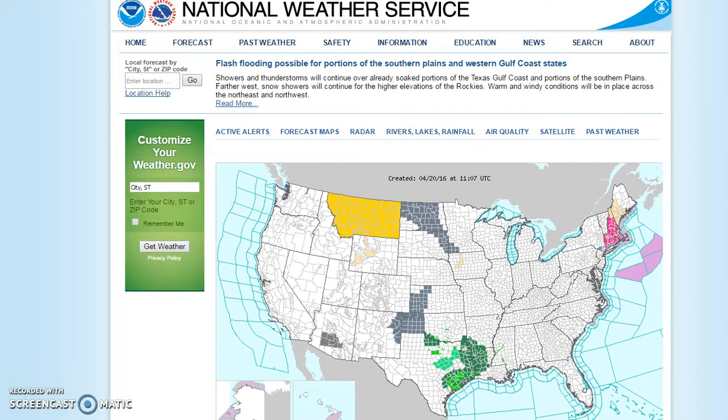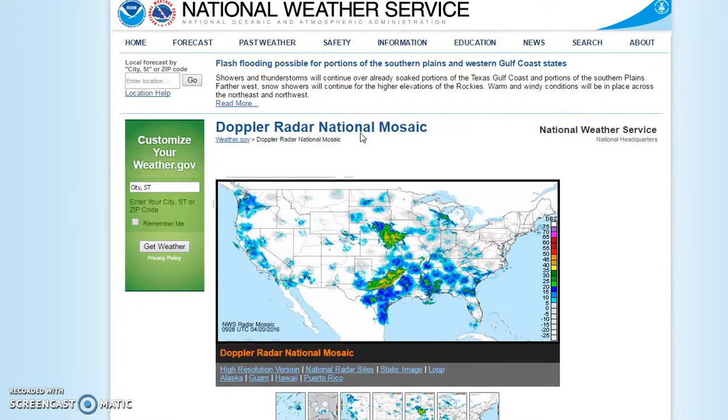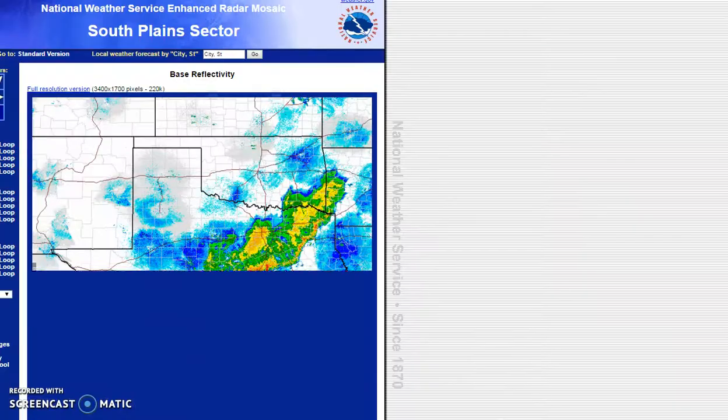This is our National Weather Service weather.gov site, and I'm going to go to radar, and you see that squall line is going to be right along that boundary, along that edge of those thunderstorms.